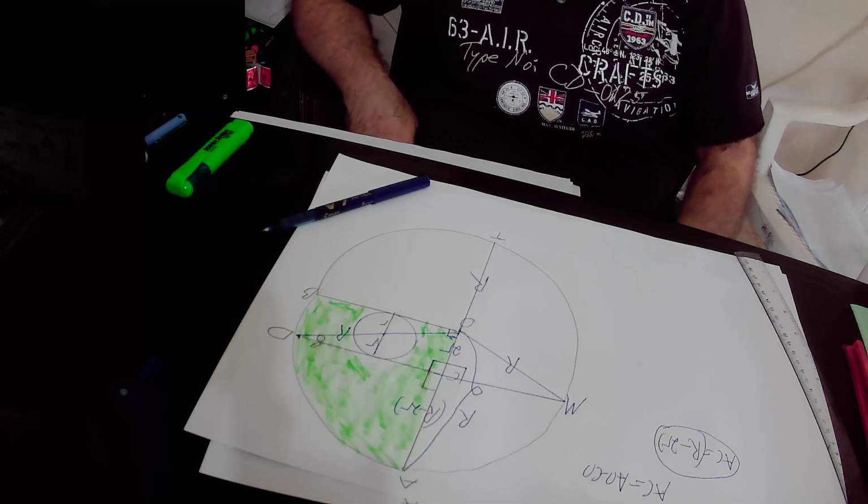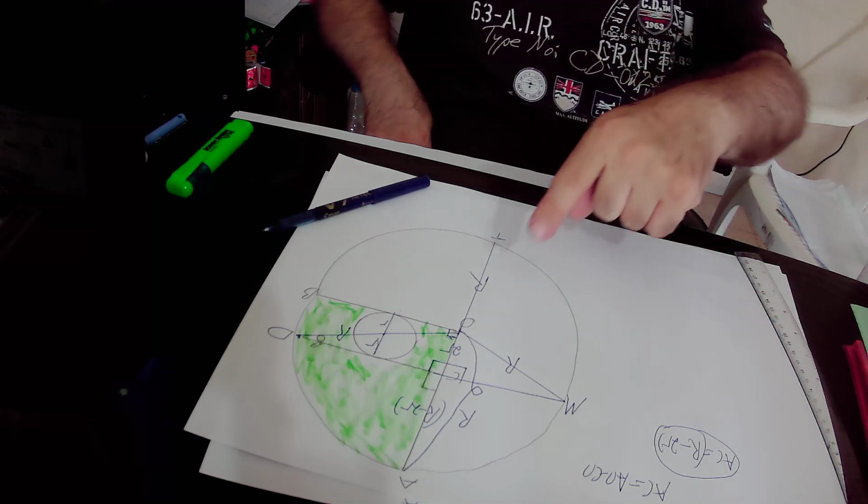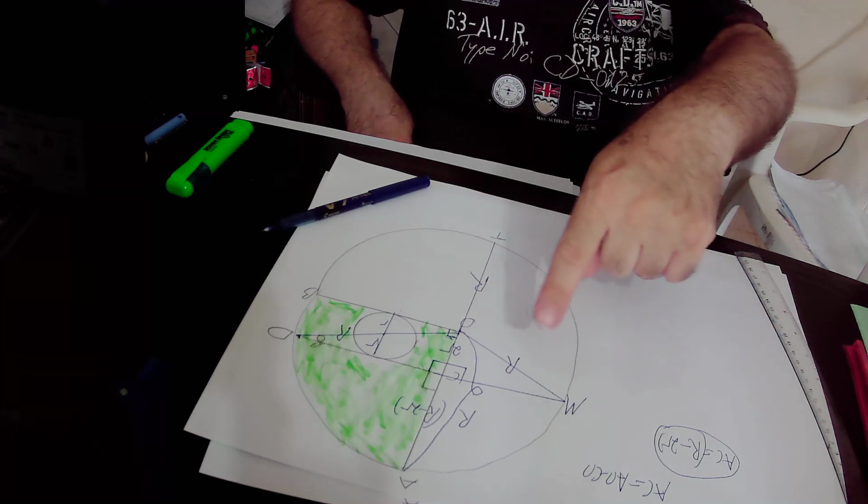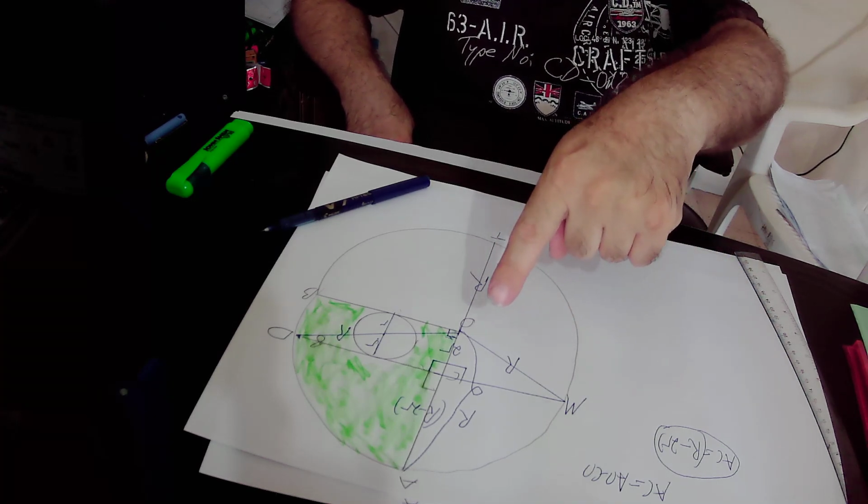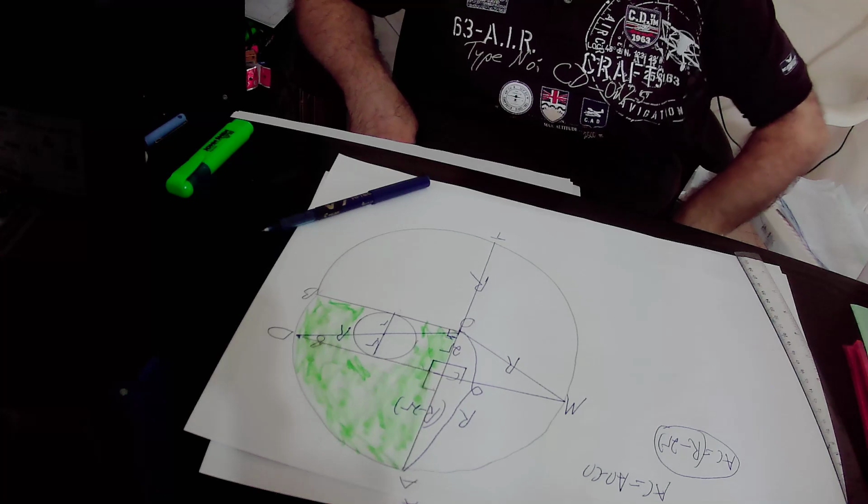So in the next step, we prove that the two right triangles, triangle MCO and triangle COD, can go into each other.